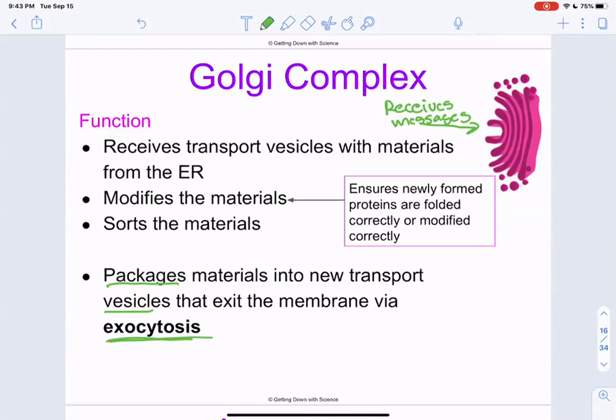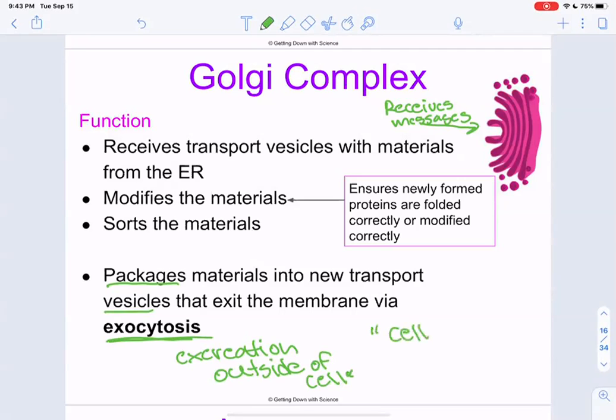And so this is basically excretion outside of the cell, the fancy word for excretion outside of the cell. Think of cell pooping. That's what I think about it. It's cell pooping. Exocytosis.